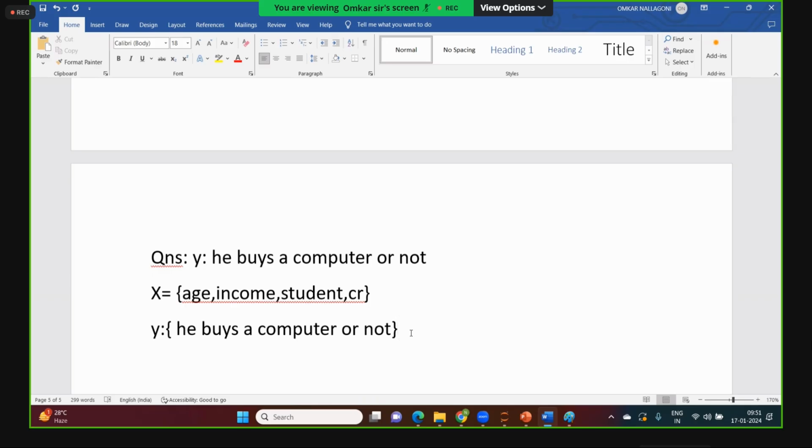Now we need to convert this into a probabilistic way. Give me 1 minute. Look carefully now.